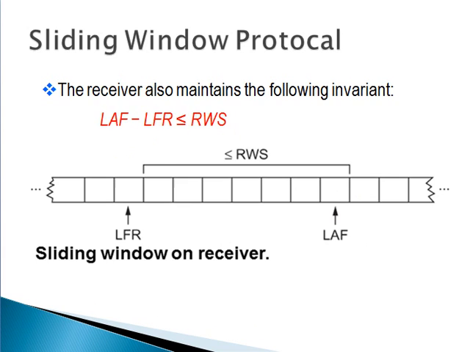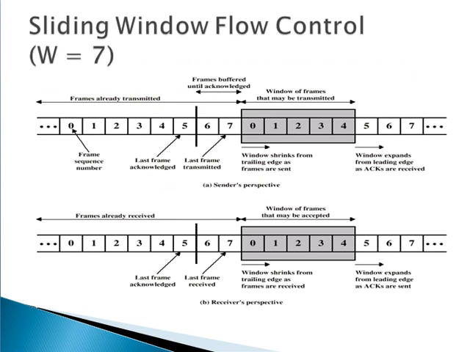On the receiver side, LAF minus LFR gives the receiver window size. Using these data structures, the sliding window is able to provide flow control.